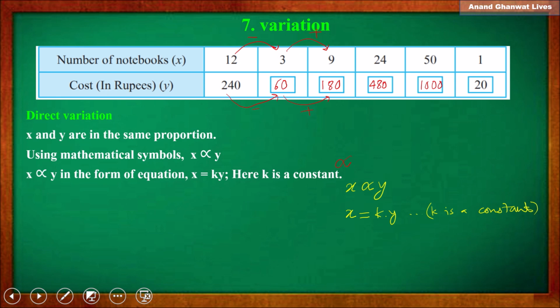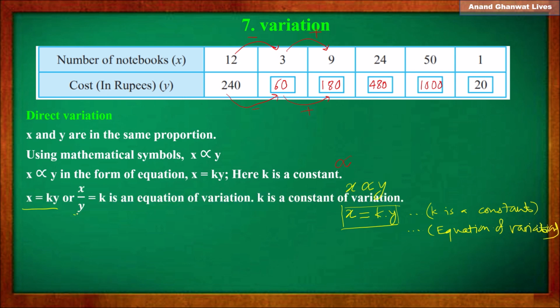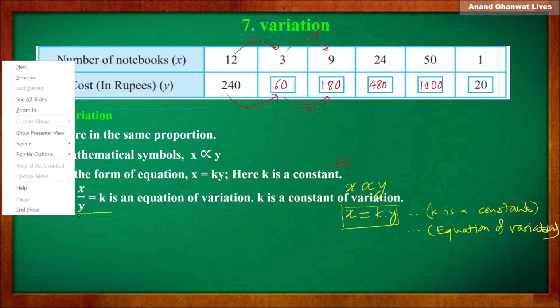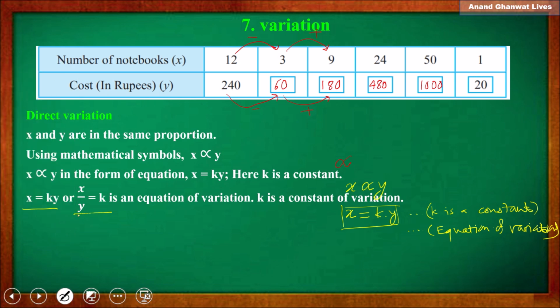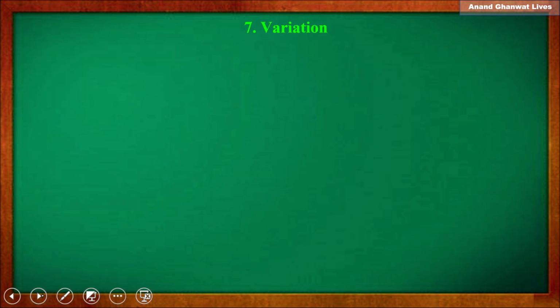Here x is equal to k into y, which is called the equation of variation. x is equal to k into y, or x upon y is equal to k, is the equation of variation, where k is the constant of variation. Do you understand it? Now let us understand direct variation with some examples.